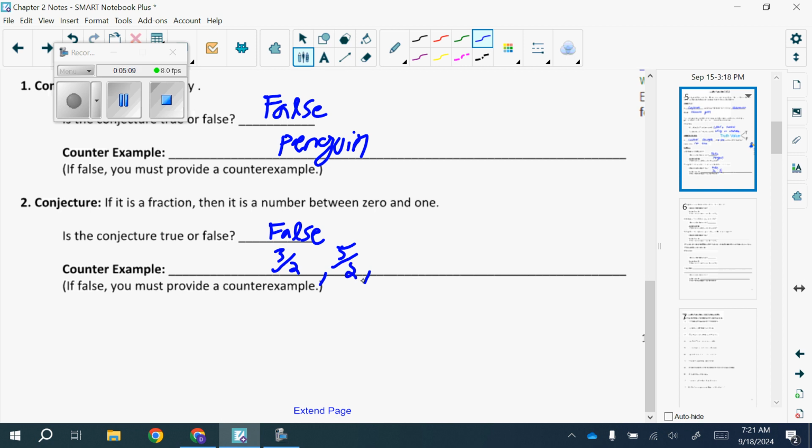There's an infinite number of counterexamples. And you could also give an answer. I kind of like to call it the smart aleck answer. You could even say something like 4 over 2. So clearly 4 divided by 2 simplifies to 2, but you can still express it as a fraction. Because note that the conjecture didn't state that it had to be a fully simplified fraction. It just said a fraction.